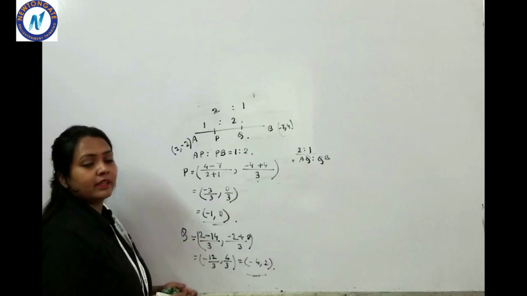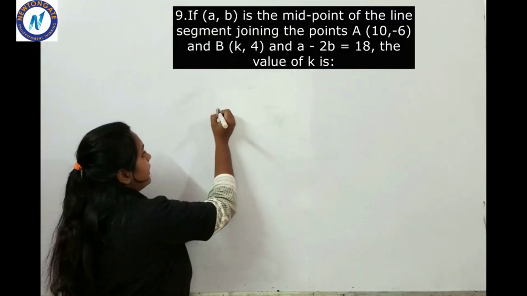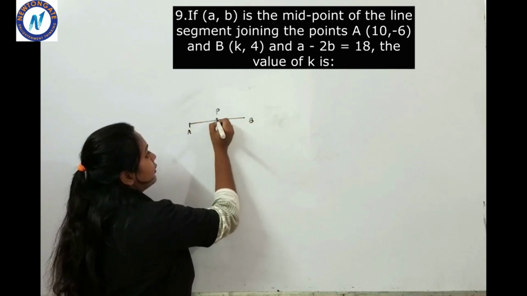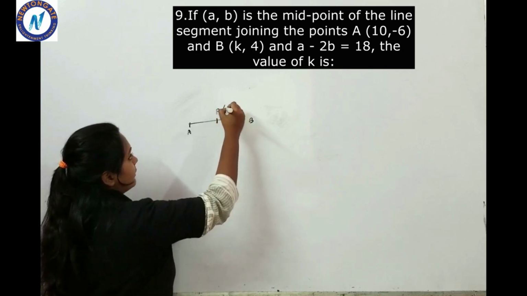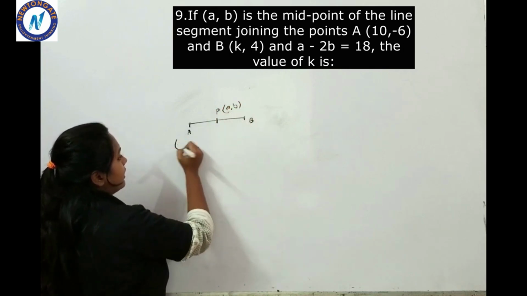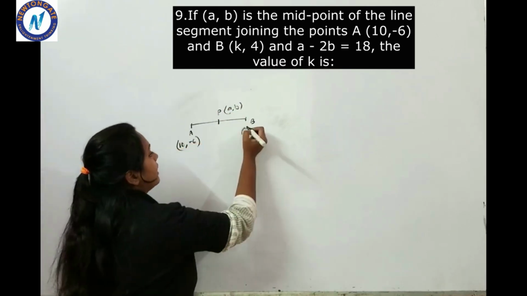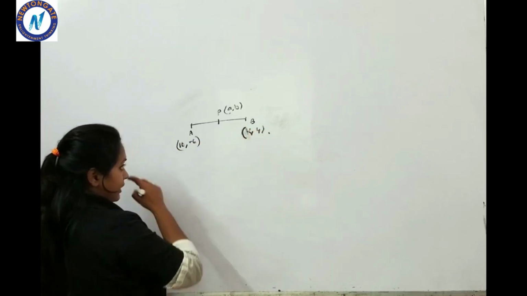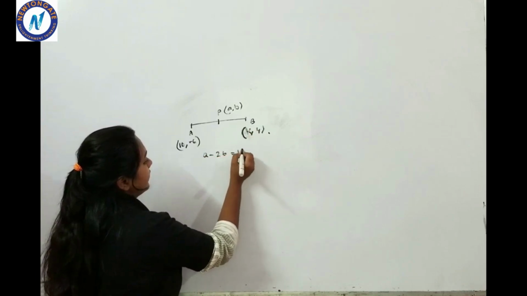Now we move to the next question, question number 9. Here a point P divides the line segment AB into 2 equal halves. That means P is the midpoint. The coordinate of P is (a, b), the coordinate of A is (10, minus 6), and the coordinate of B is (k, 4). It is also given that a minus 2b equals 18.